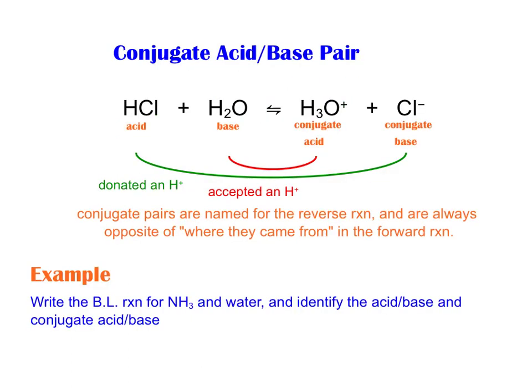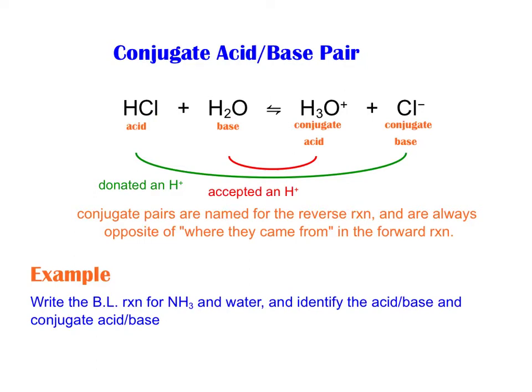Alright, so when we talk about Bronsted-Lowry, we can also talk about conjugate acid-base pairs. So in every acid-base reaction, there's something that has to act like an acid and donate a hydrogen, and then there has to be a base that will accept it. So in this case, acids, or HCl, can only donate the proton, so the H here.